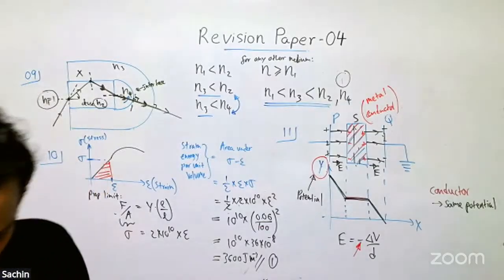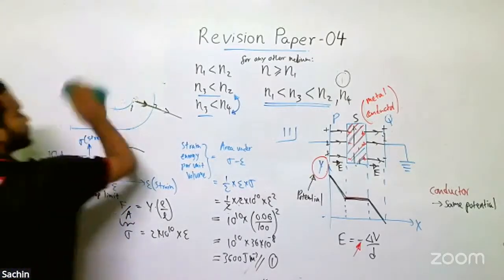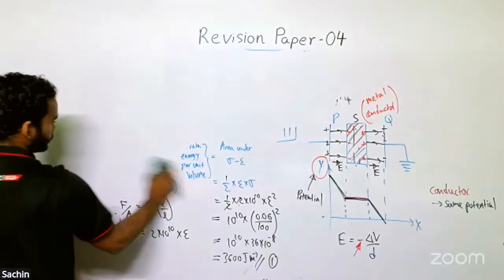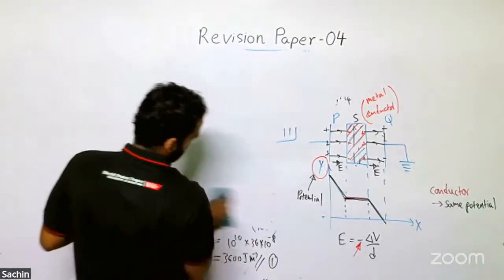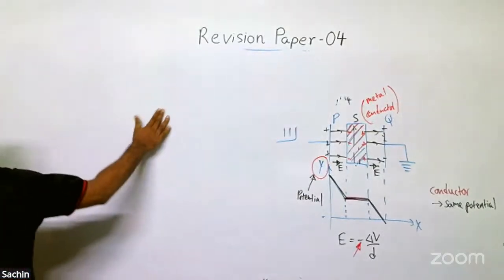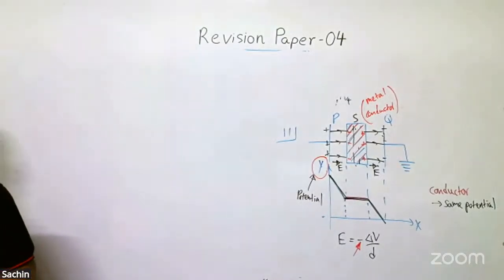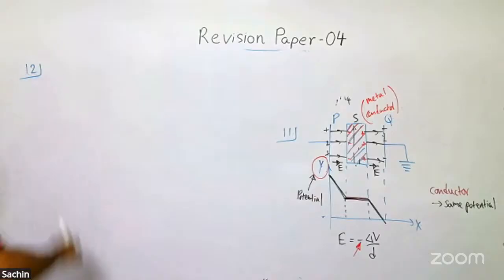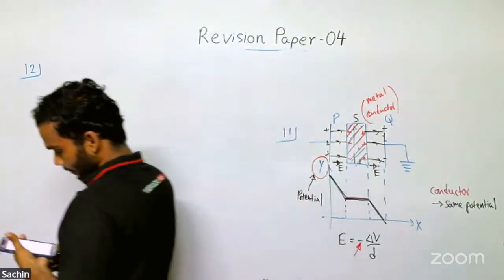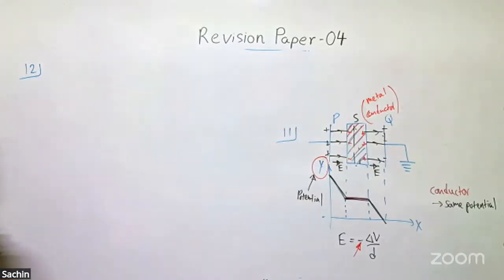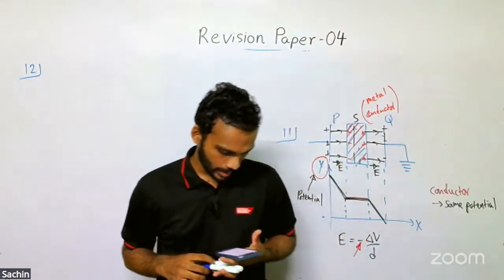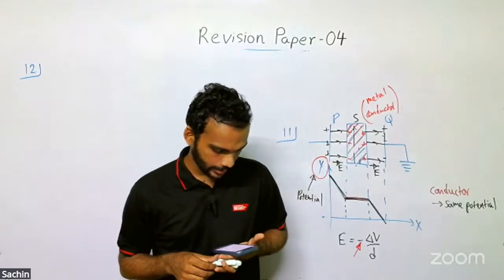Question number 12. So when a capillary tube of radius r is immersed into a liquid whose surface tension is T and density ρ, a column of liquid with height h rises through the tube.